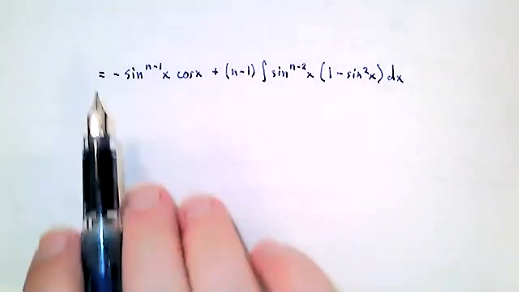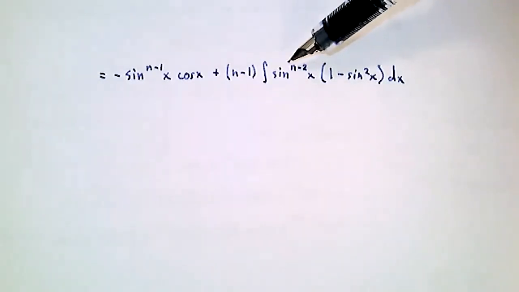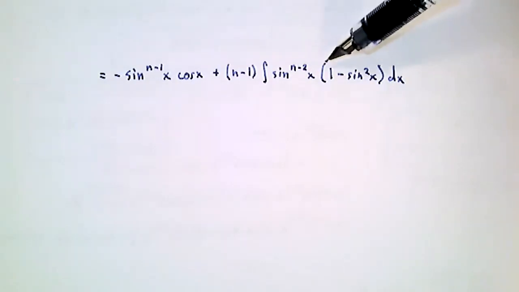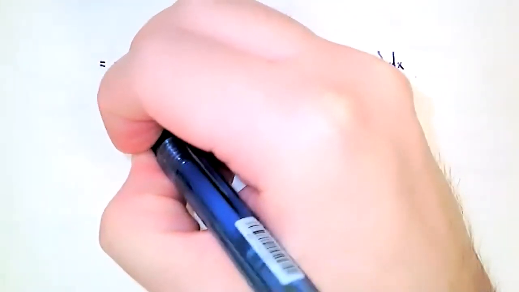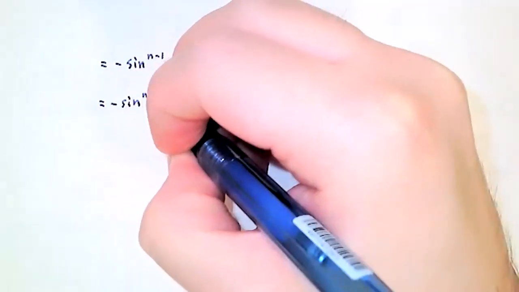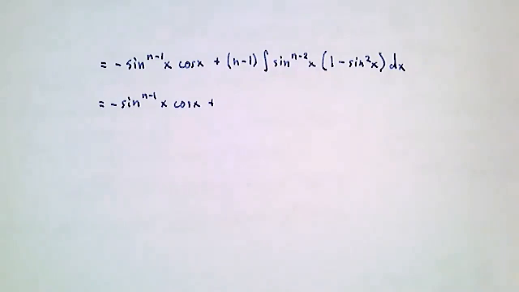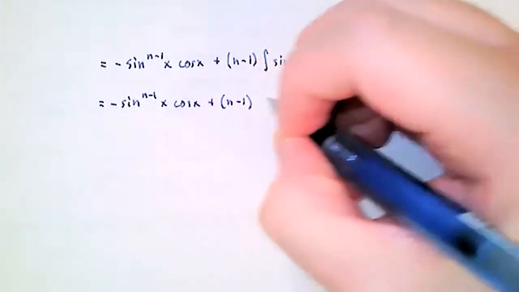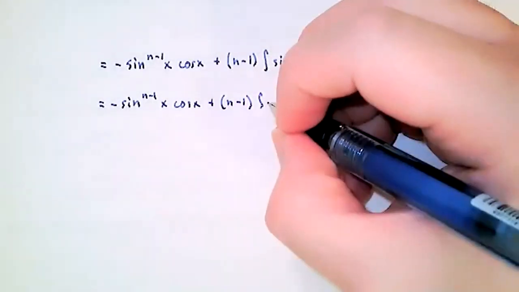Okay, so here's where we finished on the other side of the page. What we're going to do now is distribute our sine function into the parentheses and then break this into two separate integrals. So we have minus sine to the n minus 1 of x times cosine x. And then we have two integrals, like I said, n minus 1, and then the integral of sine to the n minus 1 of x times 1.